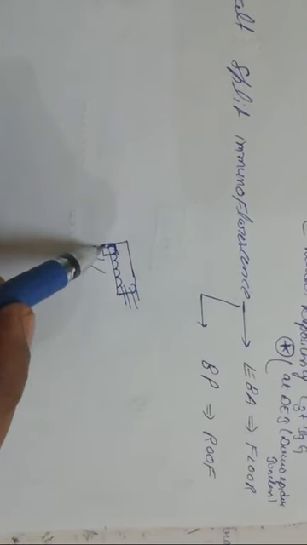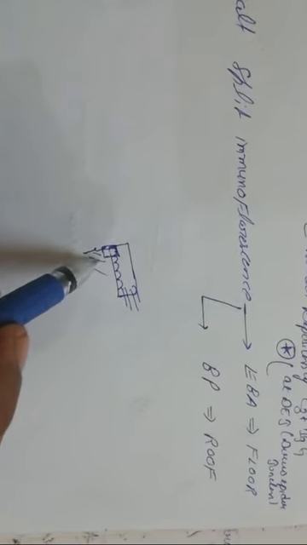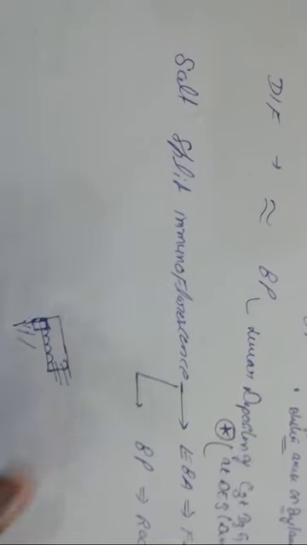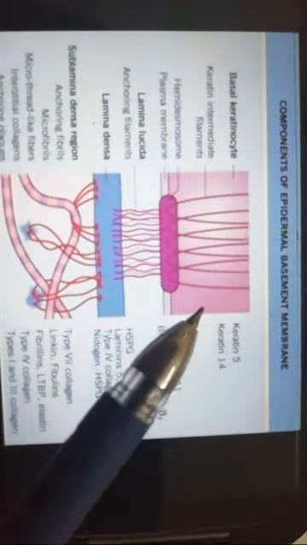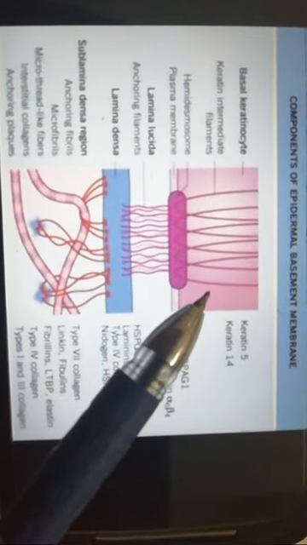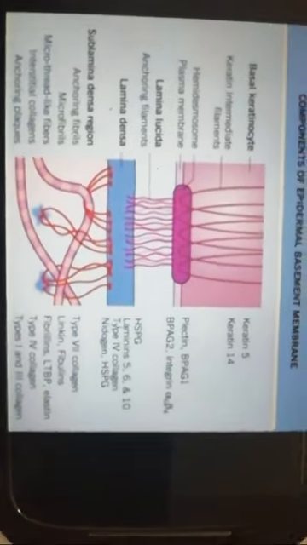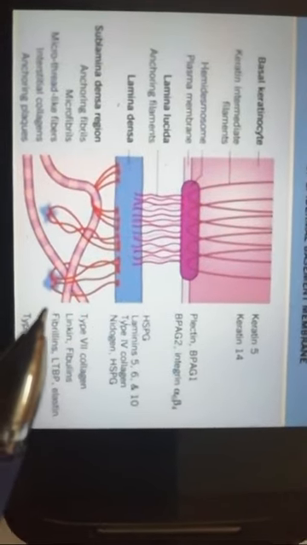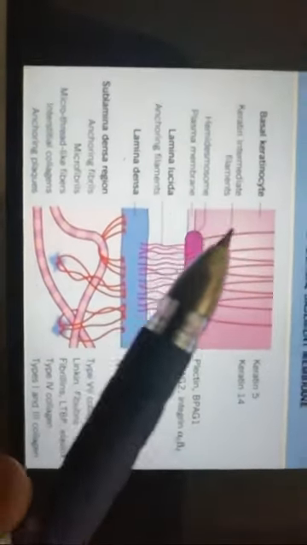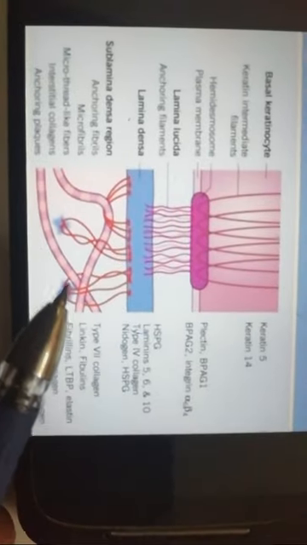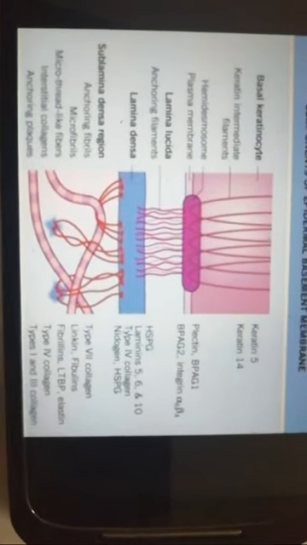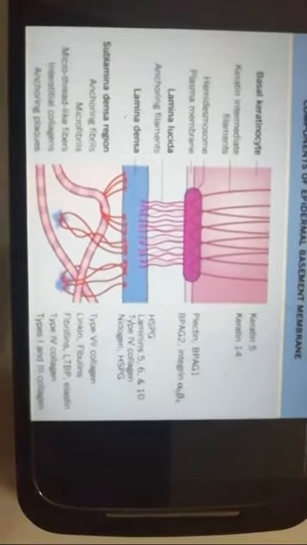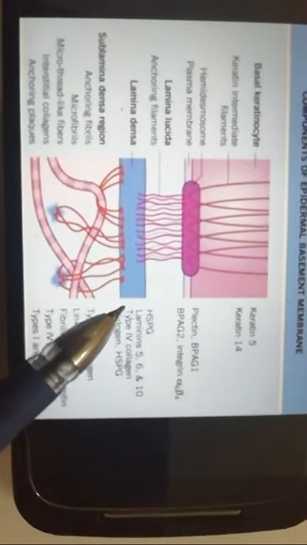When I take the junction between the epidermis and the dermis, this is how it looks, right? This is the junction, and what you are observing here is the basal cell, the basal keratinocytes. Down here you have the dermis. In between we have these structures which we have already discussed in detail. But the point to understand here is that there are different regions: we have type 7 collagen here, and you have type 4 collagen here.